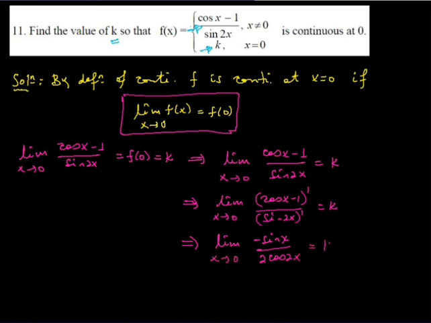Now you can directly substitute 0, so sine 0 is 0, and 0 minus 0 is 0, so 0 over 2 equals k. So the value of k: 2k equals 0, which means k equals 0.